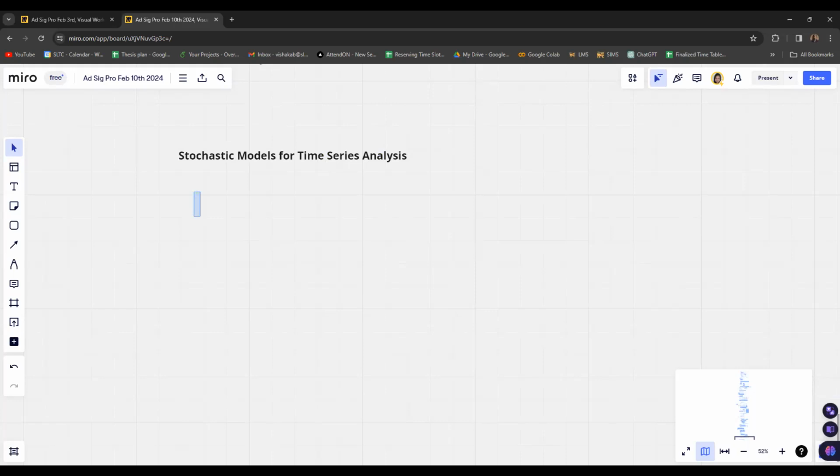Let me try to draw a signal. Here, let's say we have some samples that we have obtained of a certain sound signal, let's say a bird. So we have this sound signal. And sometimes we want to find the rest of the signal pattern. We want to forecast what is going to happen next. So from this point onwards, we have to forecast the next things. For doing the forecast, we need to know the pattern of the original signal.